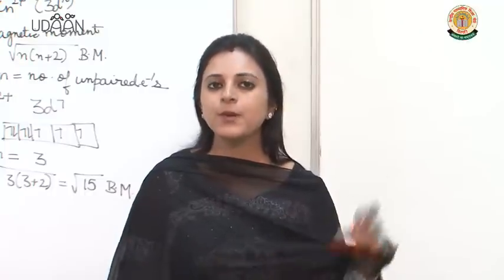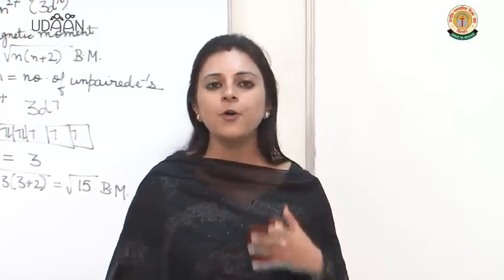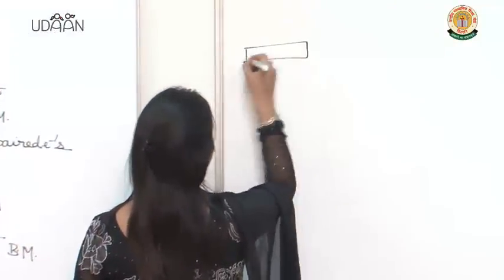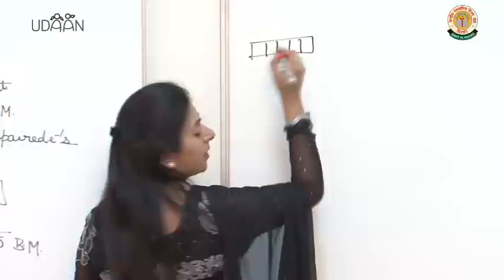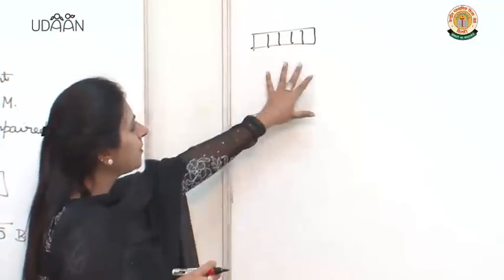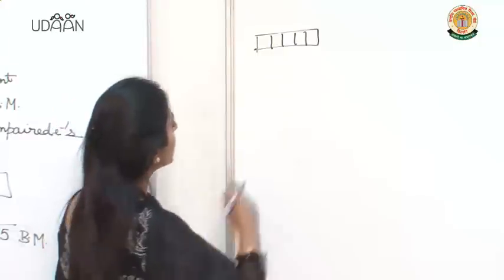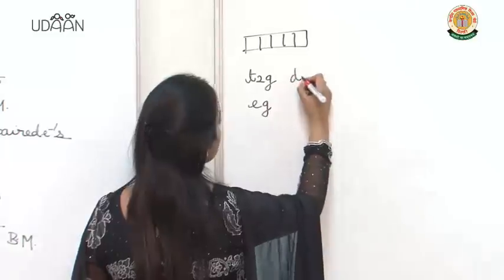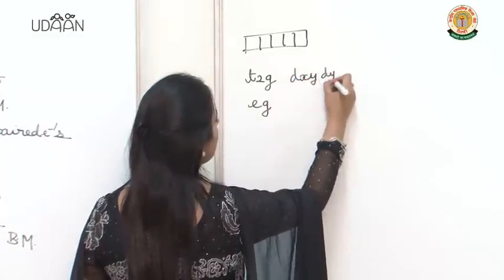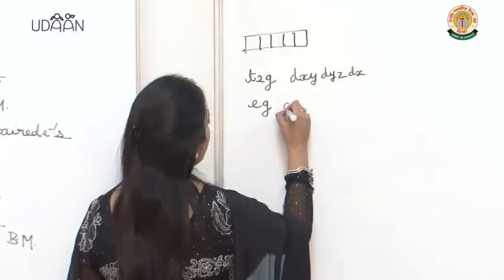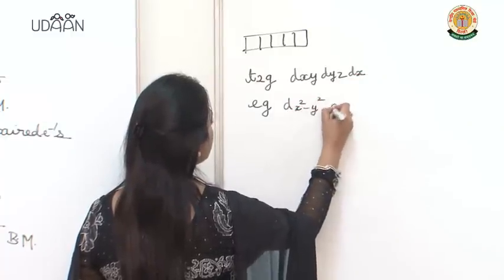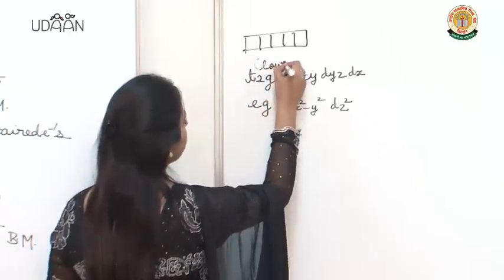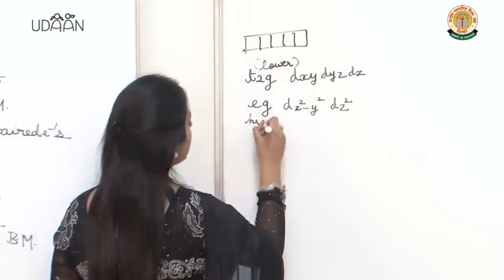When a transition metal compound is formed, the degenerate d orbitals, there are 5 subshells, split into 2 sets, T2g and Eg, that is dxy, dyz, dzx in T2g and dx square minus y square and dz square in Eg. T2g is of lower energy and Eg is of higher energy.